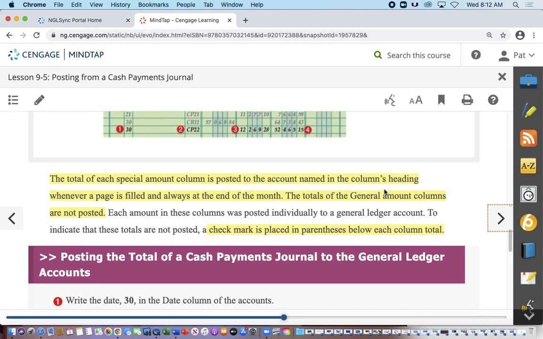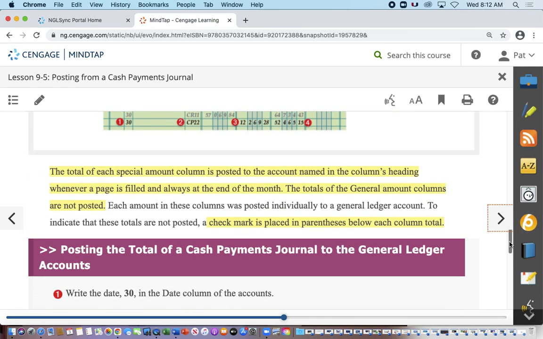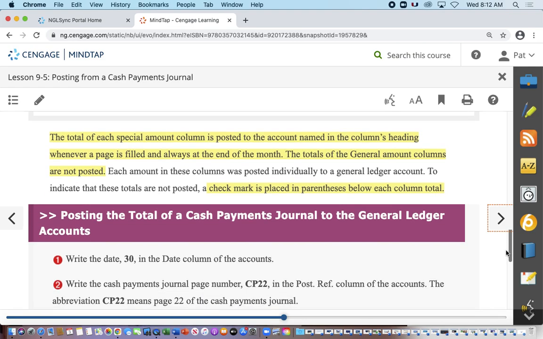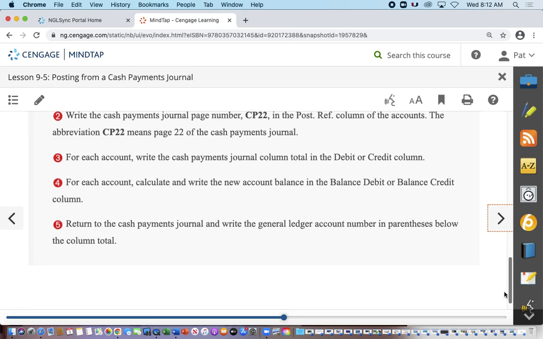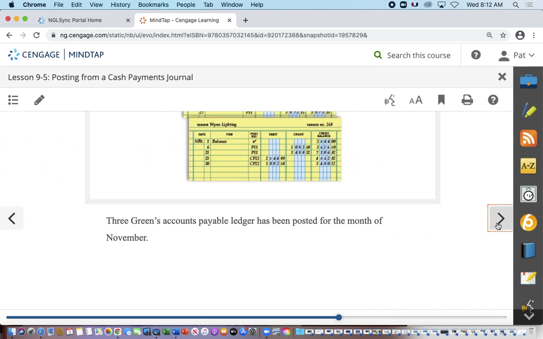The total of each special amount column with the account named at the top and the column heading needs to be posted at the end of each month. General columns are not posted. Check mark for those. It's basically what we just said. They give you the steps here, but nothing too major.